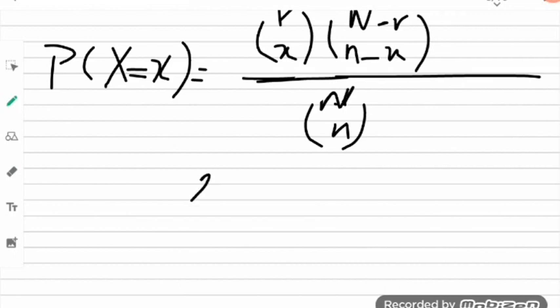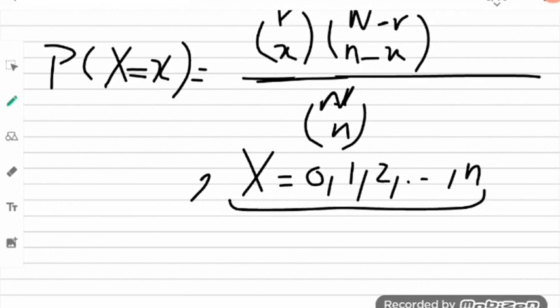Keep in mind that X takes values 0, 1, 2, up to n, and this domain is very similar to the domain of the binomial distribution, but with a particular condition that X can never exceed r, because X represents the number of successes, and the total number of successes in the population is r.